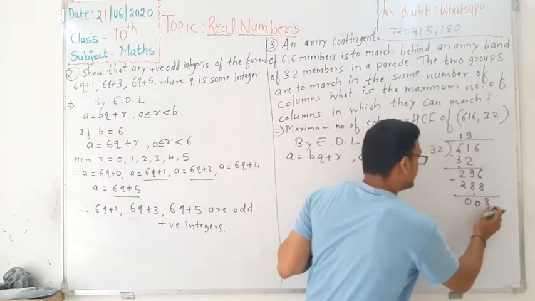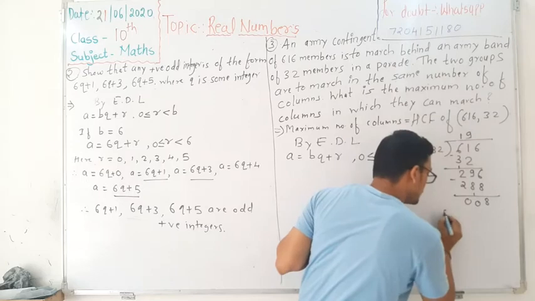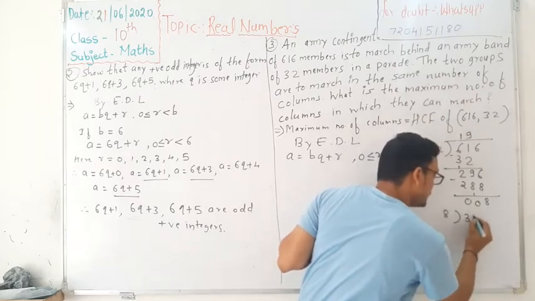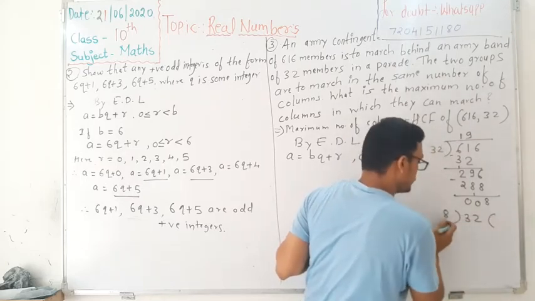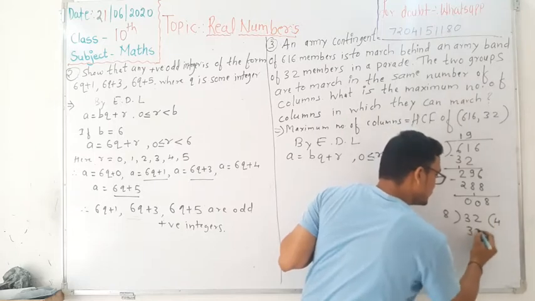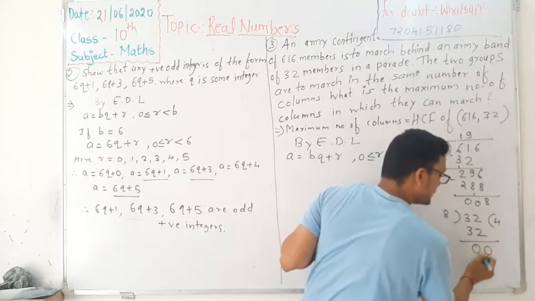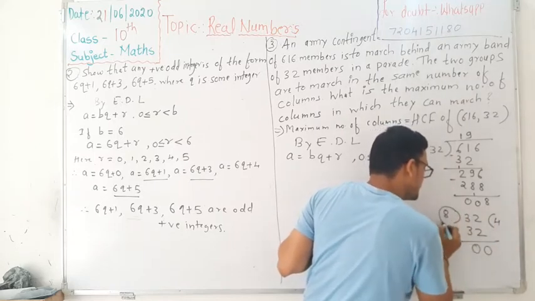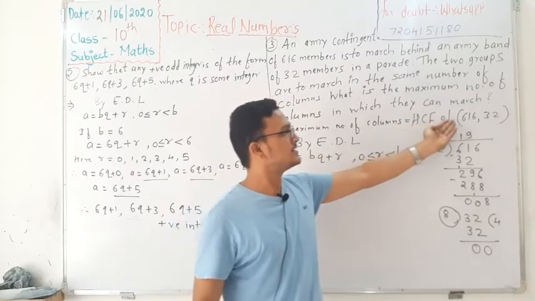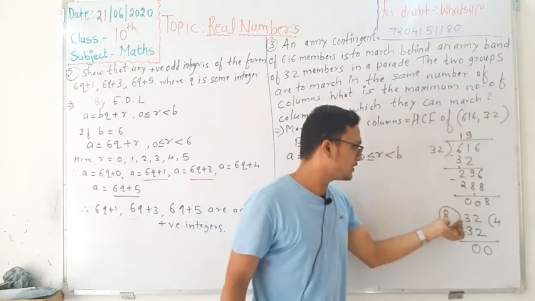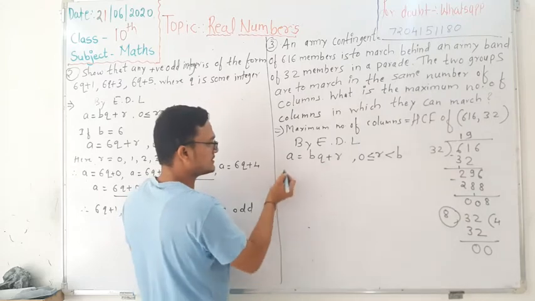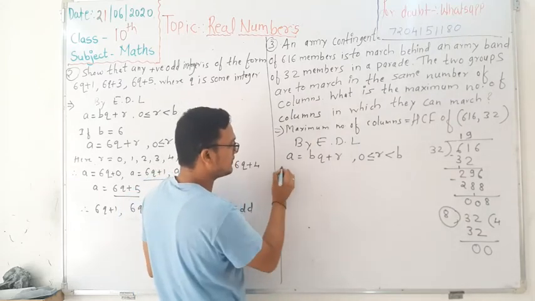So this remainder will divide the divisor, that is 8 will divide 32. As we know that 8 fours are 32, so the remainder will be 0. Therefore the HCF of 616 and 32 will be 8. So therefore here I will write the statement of Euclid division lemma.